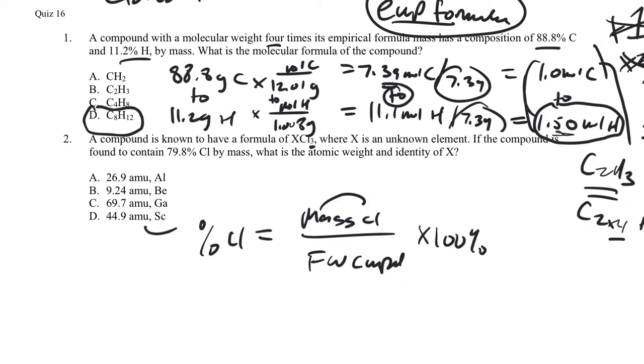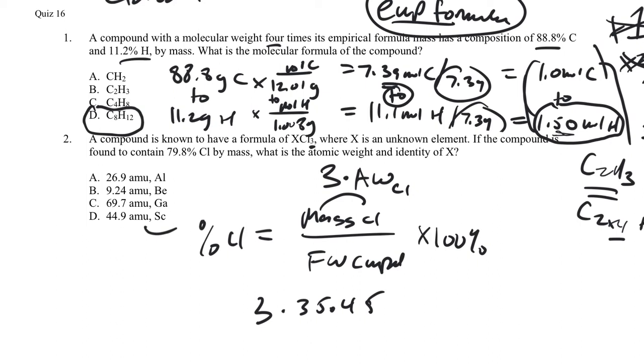And the mass of chlorine in this particular compound will be 3 times the atomic weight of chlorine, because we know from the formula there are 3 chlorine atoms. So we know 3 times 35.45, and we can use AMU or grams per mole.